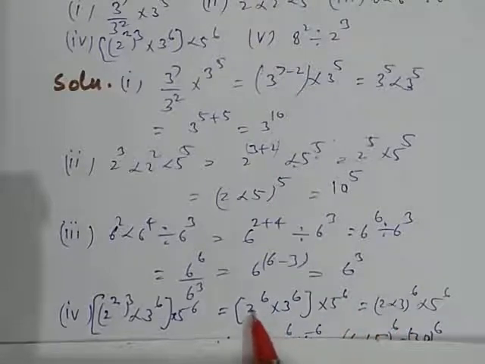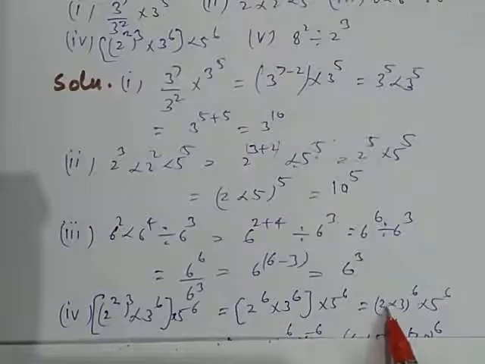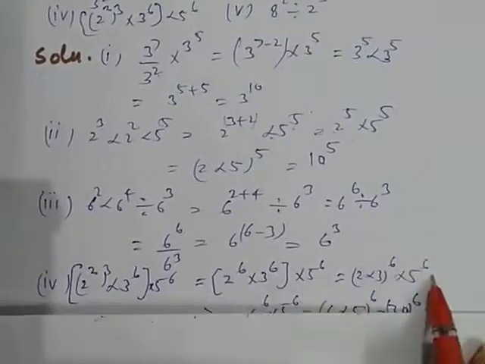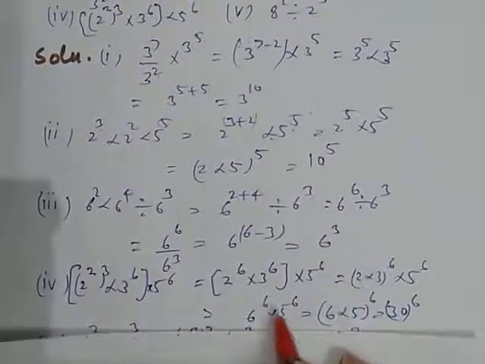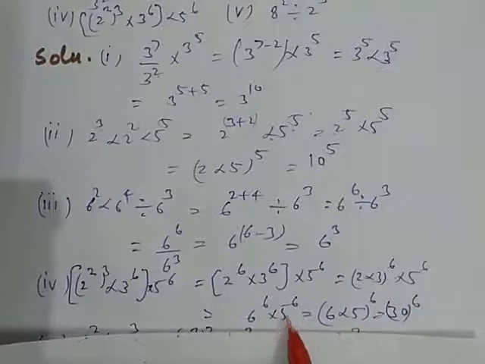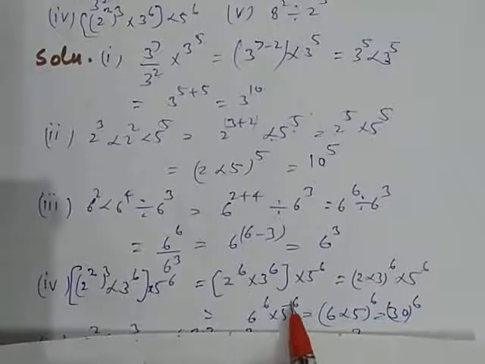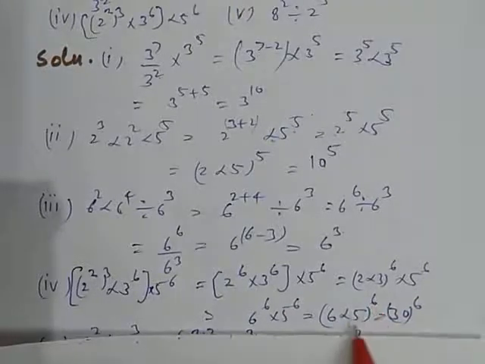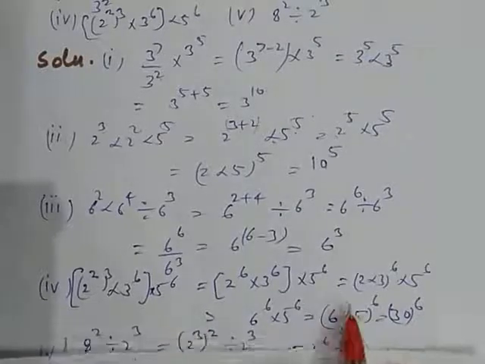Here the bases are different, but the exponents are the same, so we can write this as 2 into 3 whole power 6 and this 5 raised to the power 6. By solving this, we get 6 raised to the power 6 and 5 raised to the power 6. Here both have different bases, but the exponents are the same, so we multiply them. 6 into 5 raised to the power 6. 6 into 5 is 30, so this becomes 30 raised to the power 6. This way we solve this.